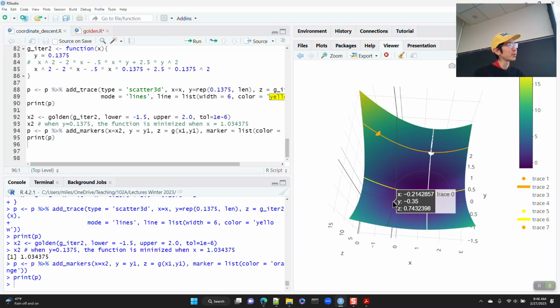But for a lot of functions, coordinate descent works quite well, and it doesn't require calculating the gradient. Gradient descent is a great algorithm, and you'll learn that in your next class. But coordinate descent does not require calculating the gradient, and it allows us to employ univariate optimization, which is generally a very quick method.